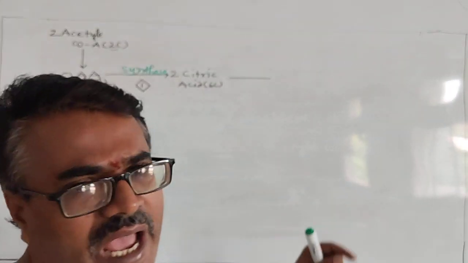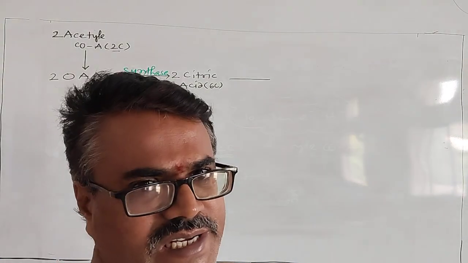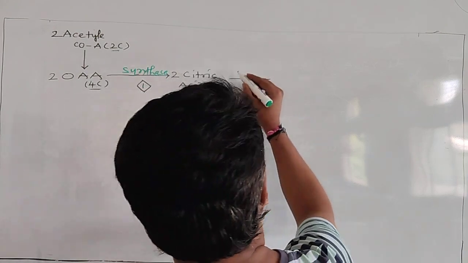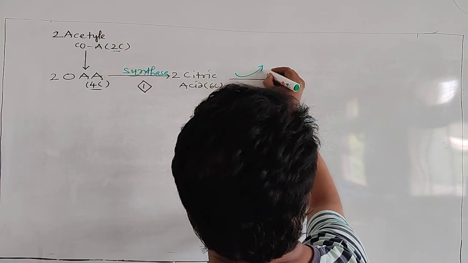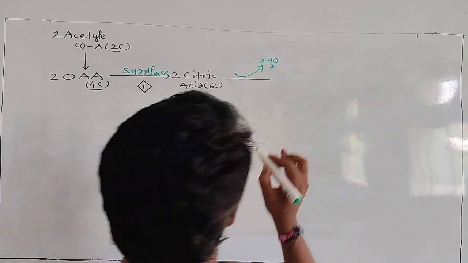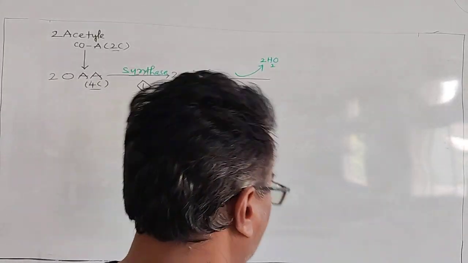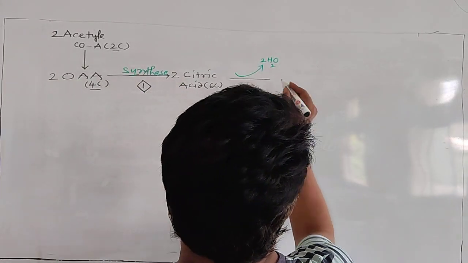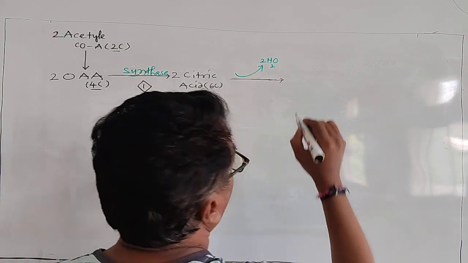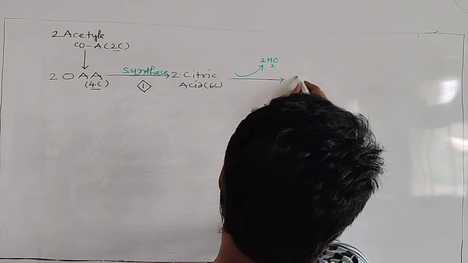Next, dehydration. Here the 2 moles of citric acid undergo removal of 2 moles of water. That is dehydration, resulting in the formation of cis-aconitic acid.